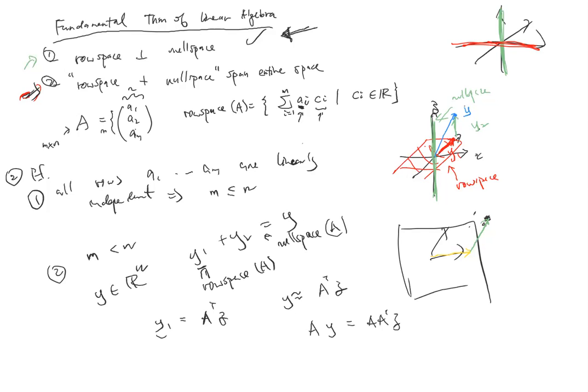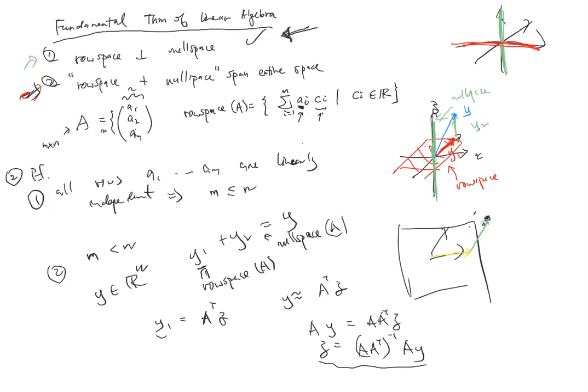Then my z will be equal to (A A transpose) inverse times Ay, because I multiply by the inverse on both sides and it cancels on this side. So z is equal to this, and if I pick z equal to this, it will probably give me the best projection.